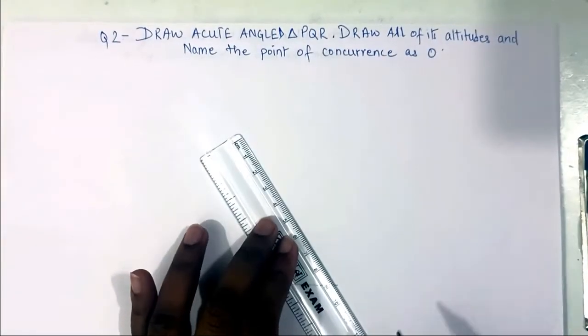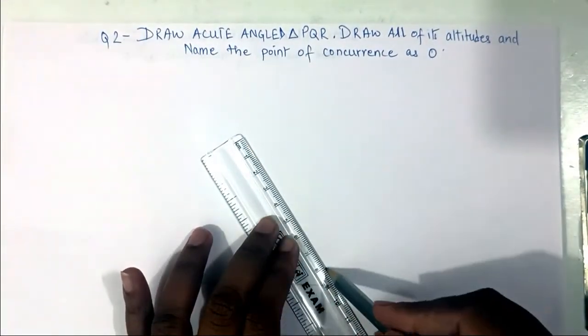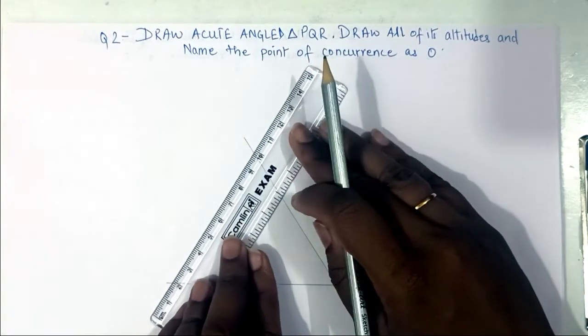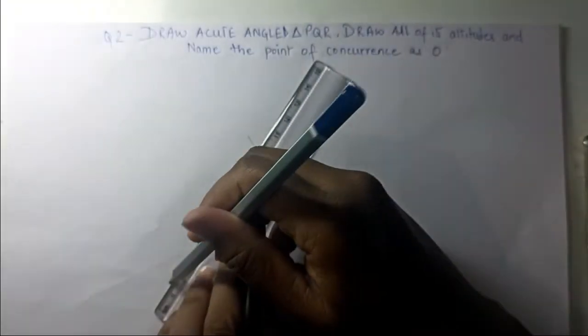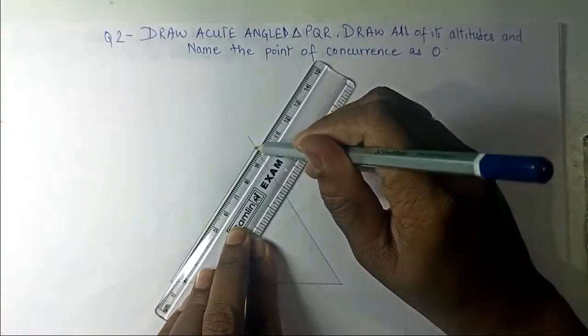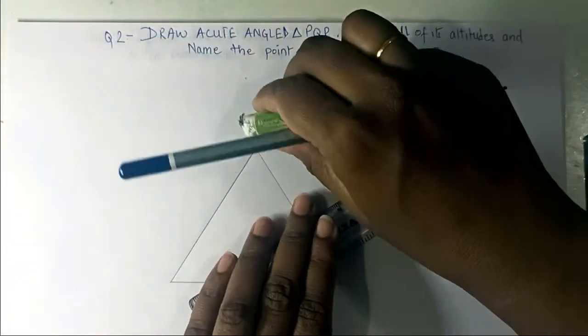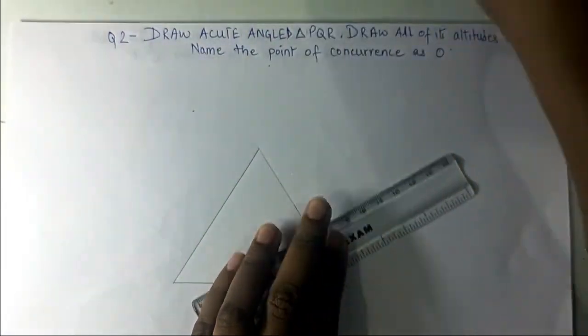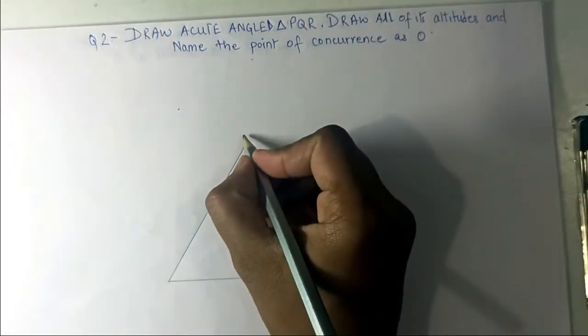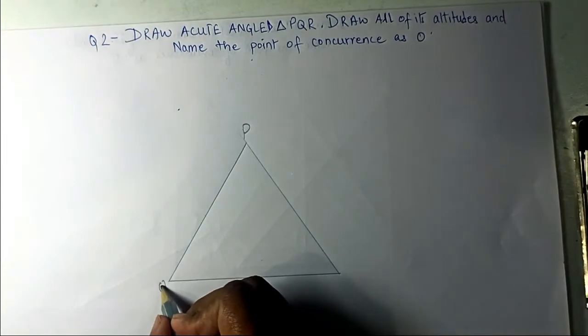So let us begin. We all know that an acute angle triangle is less than 90 degrees, correct? Now let us name this triangle as PQR.